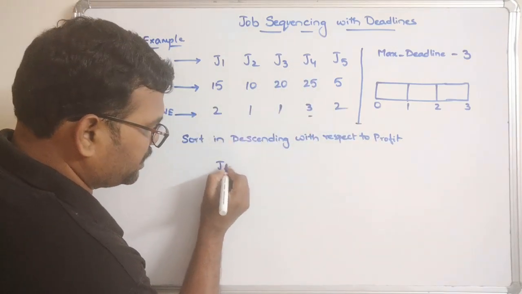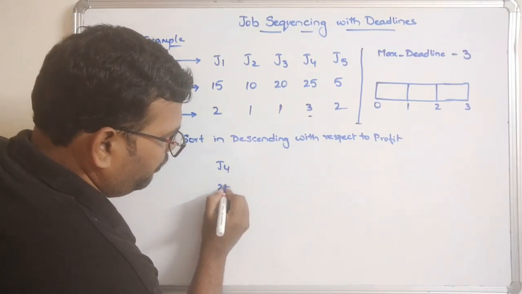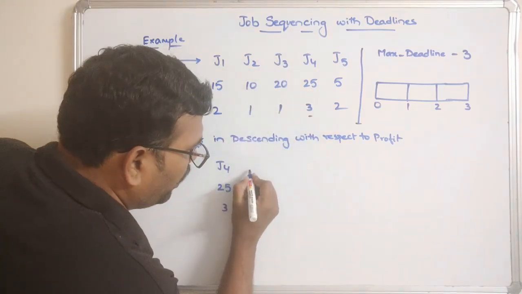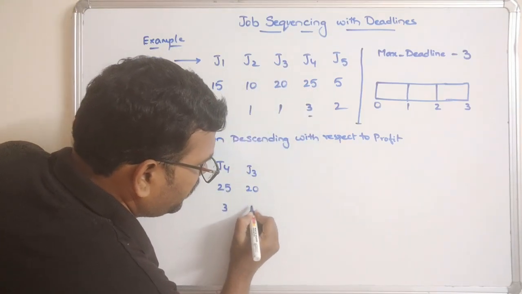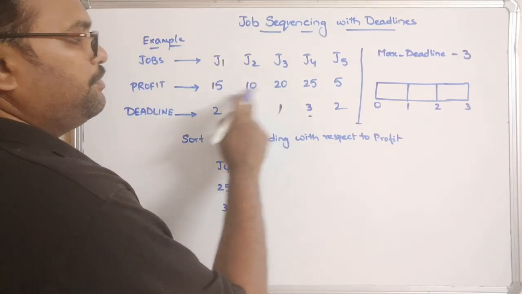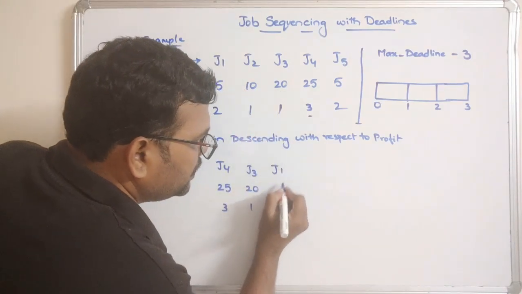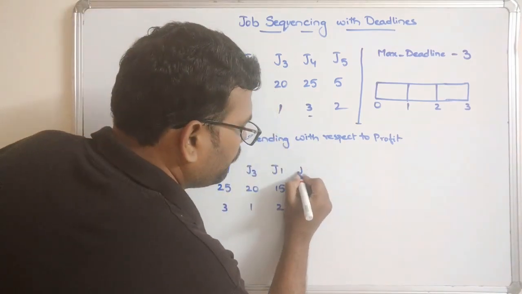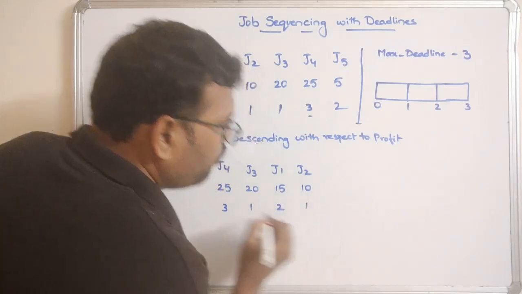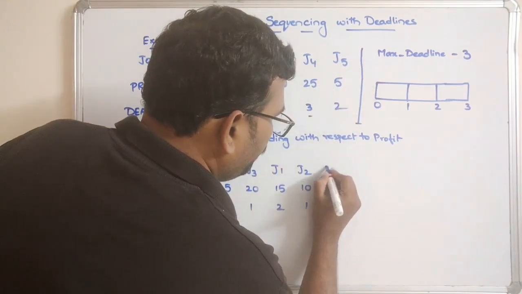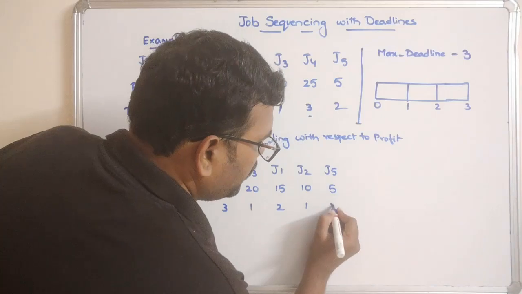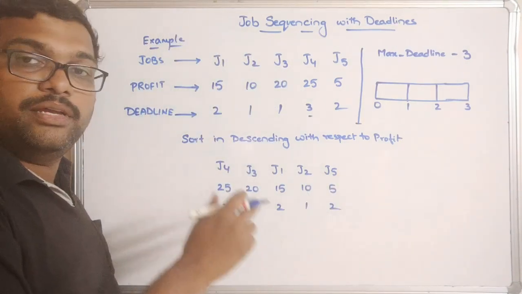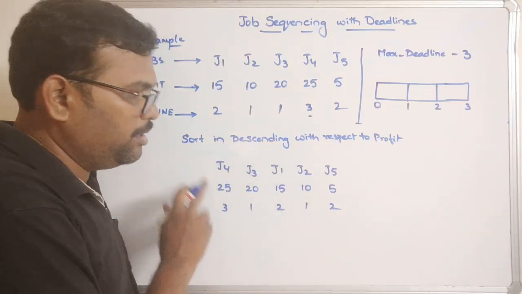So J4 will be first with 25, and the deadline is 3. The next one is 20, so J3 20 1. Next 15, J1 15 2. Next J2 10 1, and next J5 5 2. So we have arranged all the jobs in descending order with respect to the profits.